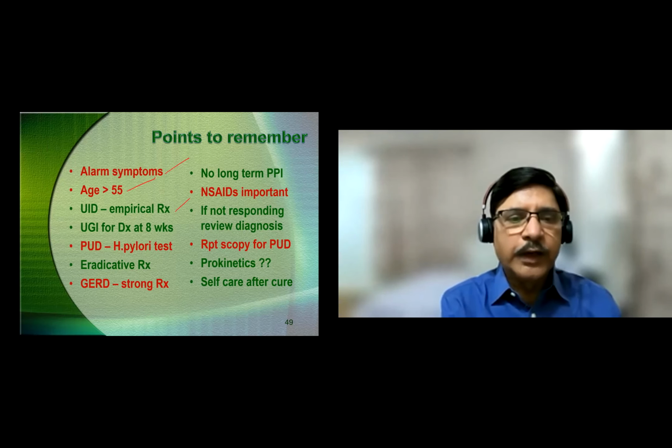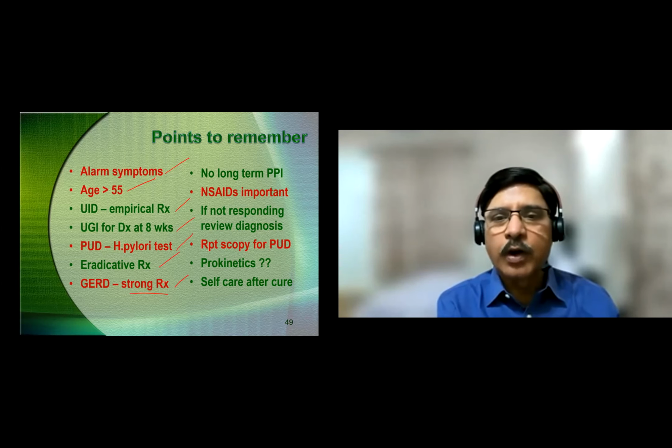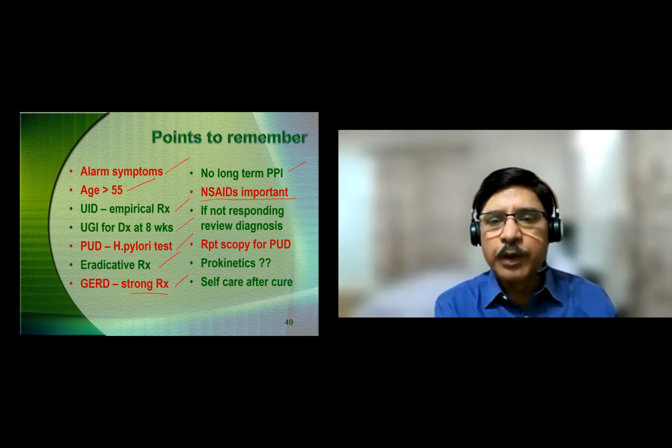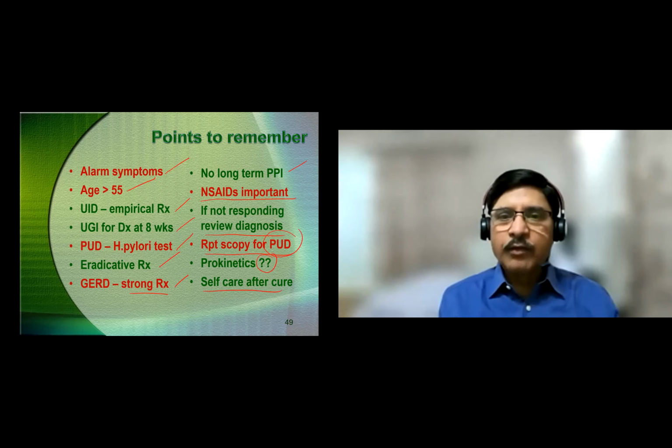Empirical UID treatment, UGI for diagnosis after 8 weeks. PUD, always test for H. pylori and give eradicative treatment. GERD, you have to double the treatment, strong treatment. No long-term PPI. NSAIDs are important. If not responding, review the diagnosis. Repeat endoscopy only for the ulcer disease. Prokinetics only in GERD. Self-care after cure.